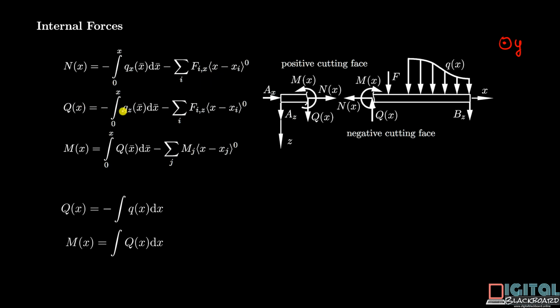For Qx, qz here represents the applied loading in the z direction, and the summation here represents all the applied loadings in the z direction as well. And finally, for your moment, the big Qx here represents the expression for the shear force computed using this expression, and the summation here represents all the applied couples.